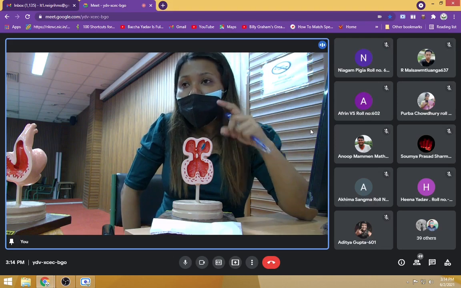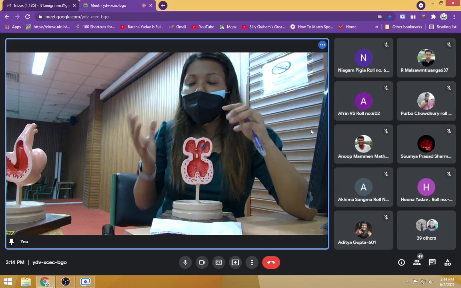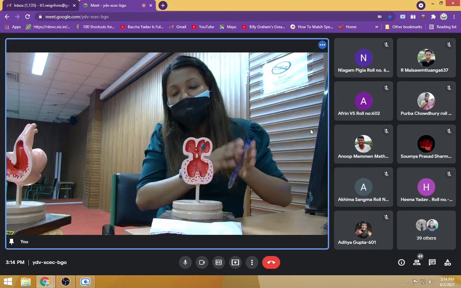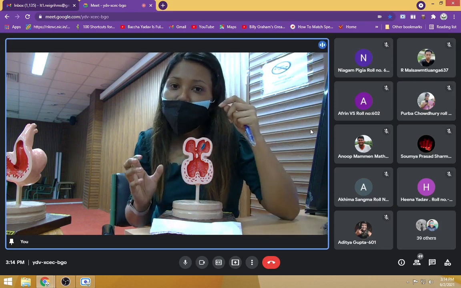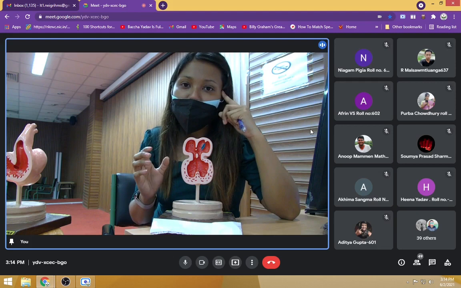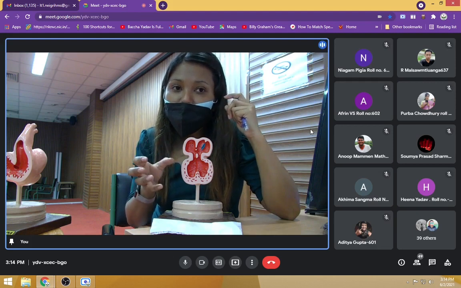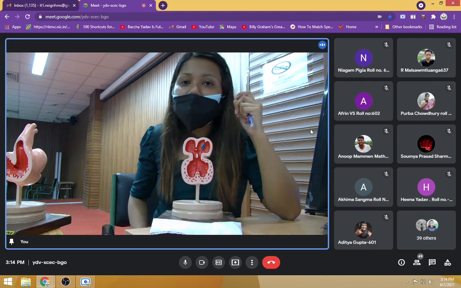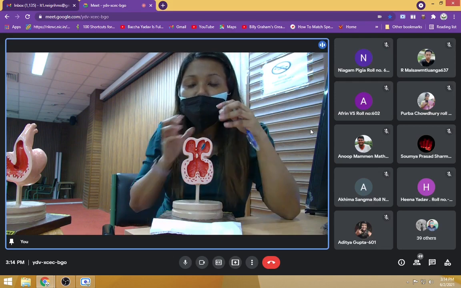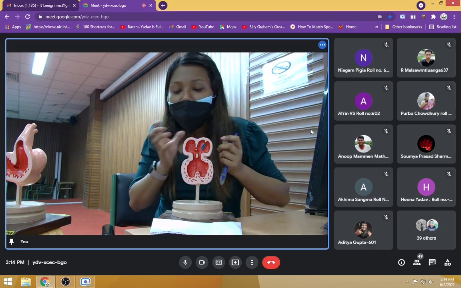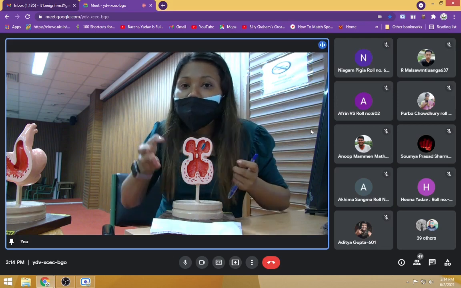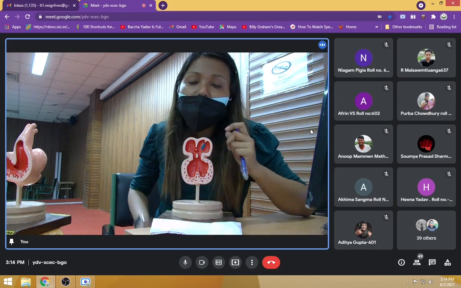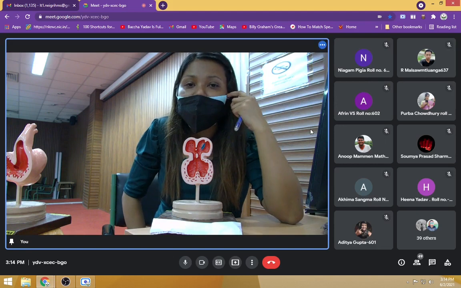So in transposition, the aorta will open into the right and the pulmonary artery will open into the left, totally opposite. But in overriding, the opening of the aorta will be displaced in the middle. It is going to get displaced from the left to the middle, and that displacement is near the VSD.